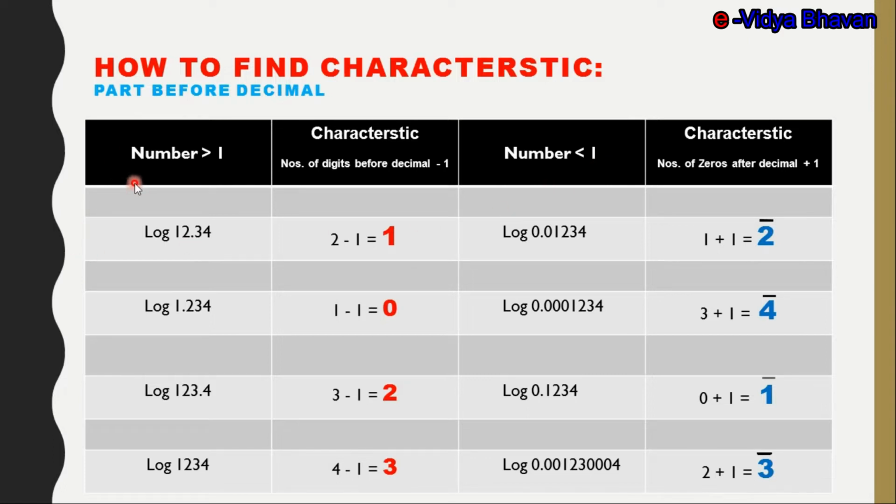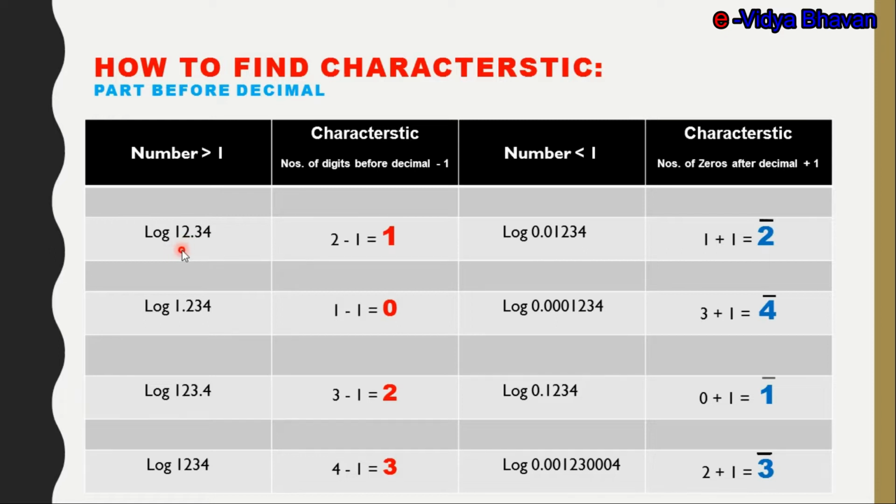Now if you see these 4 examples, these are all the numbers in the log which are numbers greater than 1. Let us understand the first example, 12.34. Before the decimal we have two digits, 1 and 2.